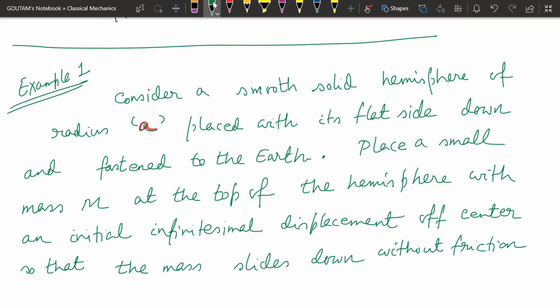So the hemispherical surface is frictionless.